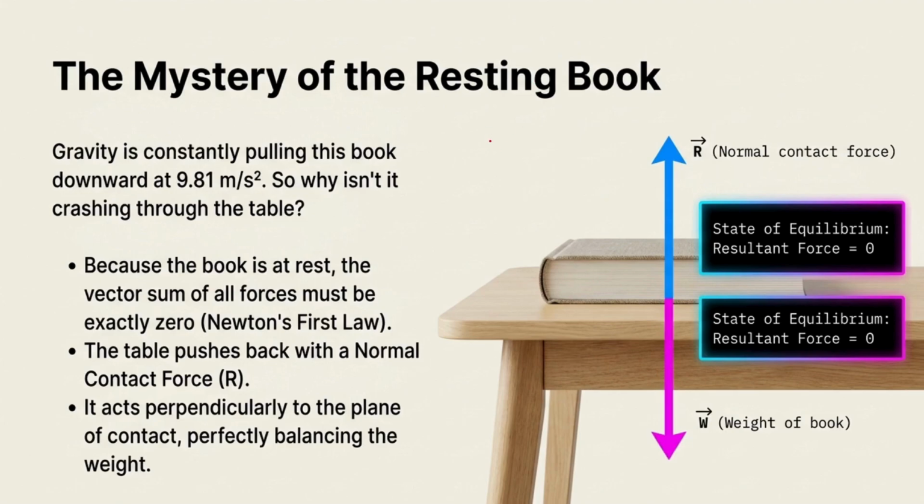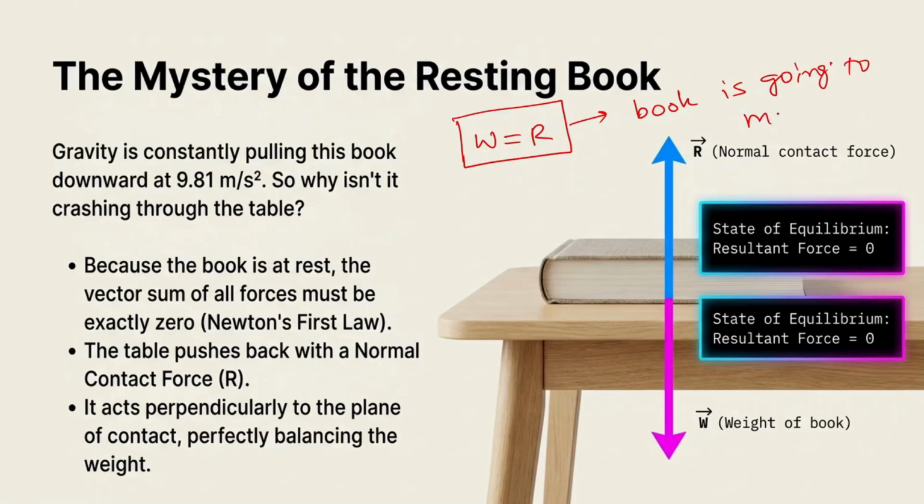As I told you, the magnitude of these two forces must be the same. If they are not, the book is going to move. If their magnitude is the same, the book is going to be at rest.